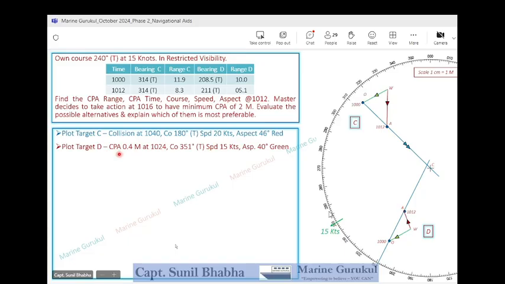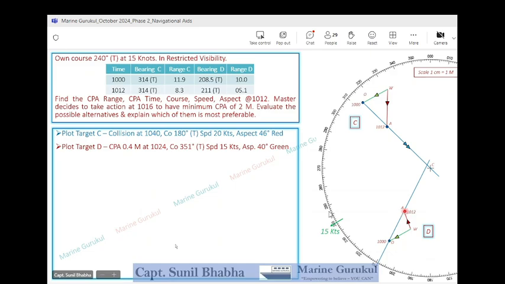When we obtain this information, we come to know that the CPA for target Delta is 0.4 nautical miles. You can see this is the CPA here. You have to drop a perpendicular from Charlie to the relative line of approach; that will give you the CPA. The CPA is 0.4 miles and it is happening at 10:24.